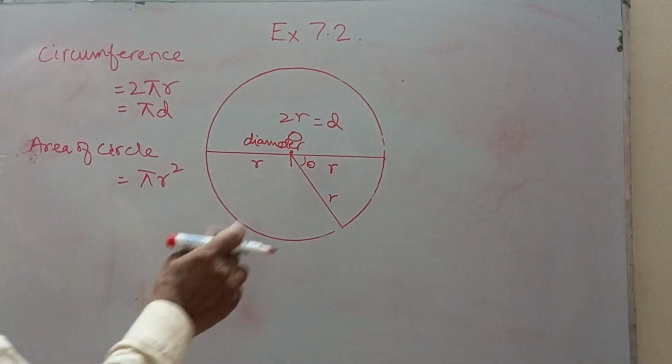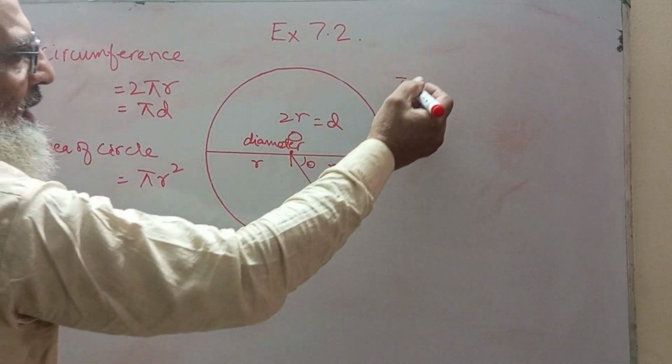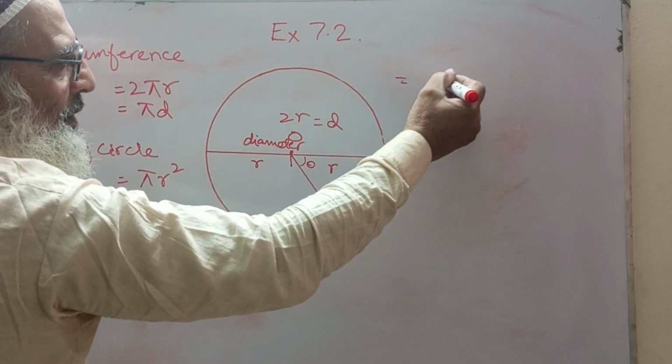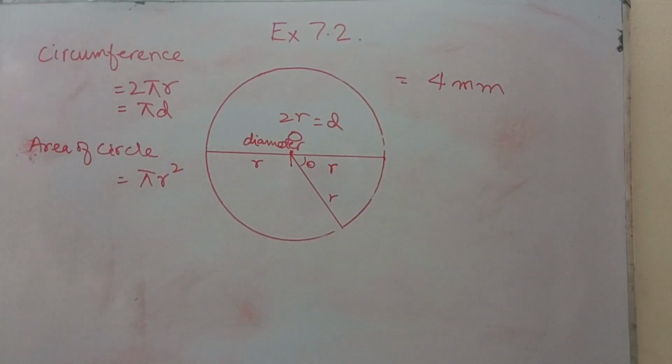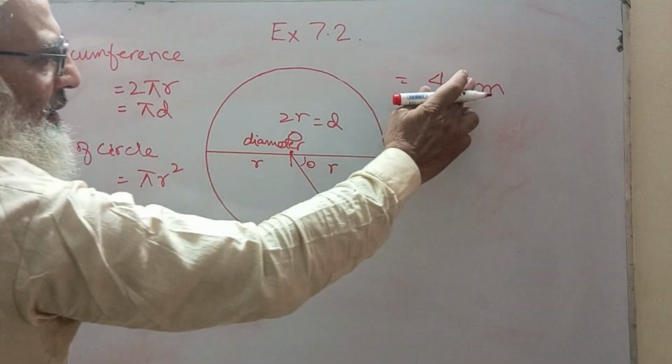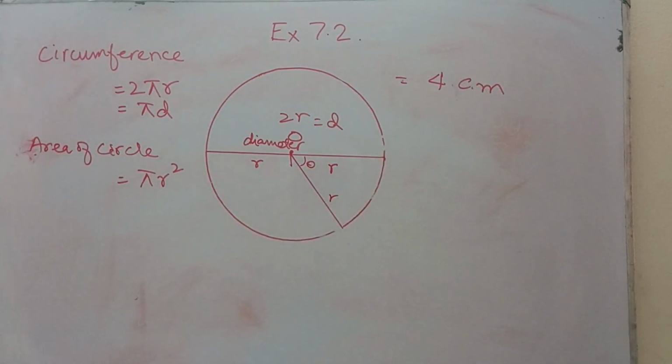For example, if the radius is, let us say, 4 mm, or let it be a little bigger, 4 cm. Then what about the diameter?